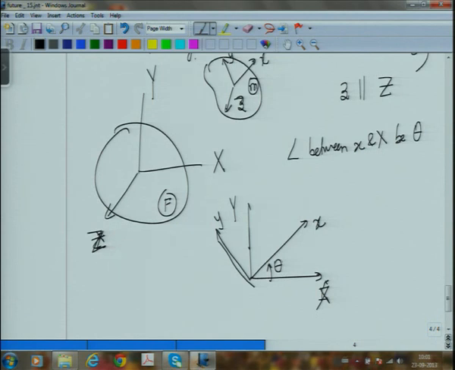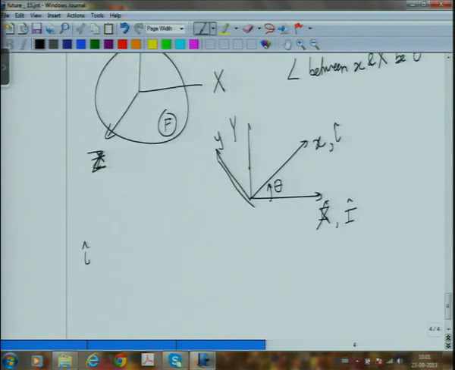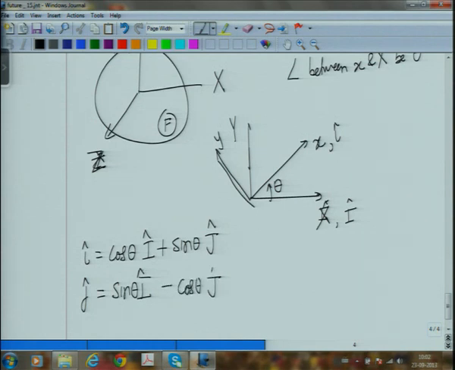So this is small i, this is capital I. So now small i is equal to cos theta capital I plus sin theta capital J, and small j is equal to sin theta capital I minus cos theta capital J. So now I have written small i, j in terms of capital I, J.